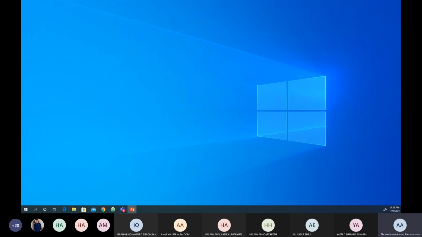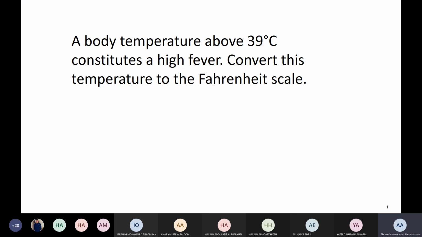Now I have some problems also to solve very quickly. If the temperature is 39 C, can you change it to Fahrenheit?